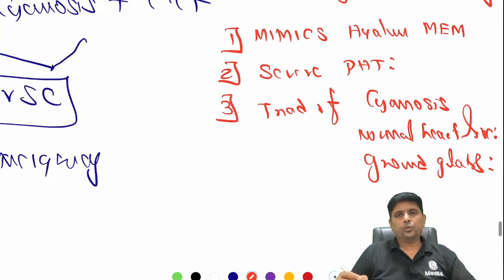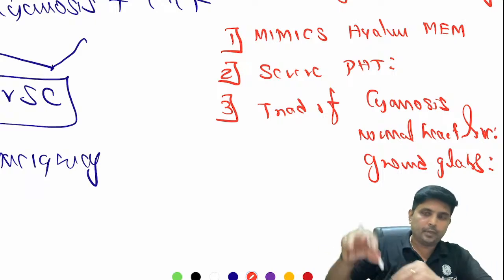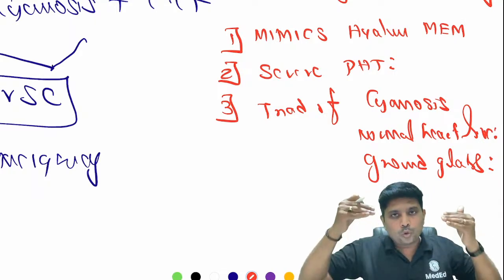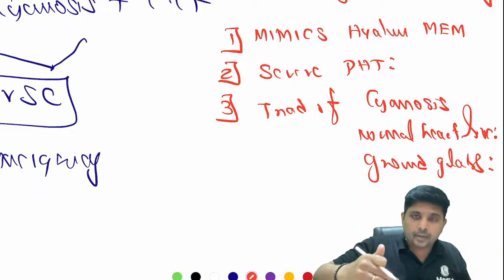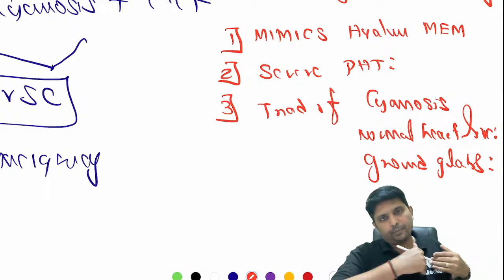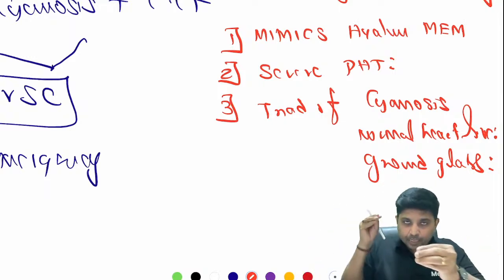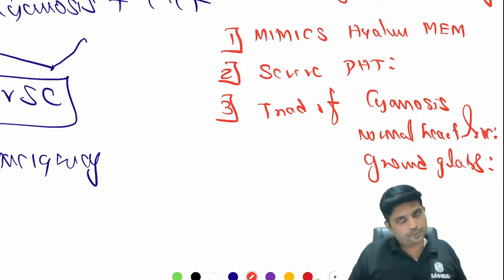Why is it so? Pulmonary veins, if they drain into the inferior vena cava, get obstructed. From the pulmonary veins, the lung is emptying oxygenated blood into the left atrium. When all four pulmonary veins are obstructed, usually when it ends in SVC, it won't get obstructed.